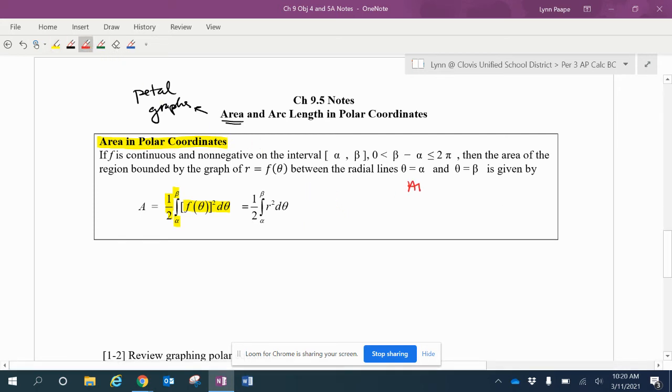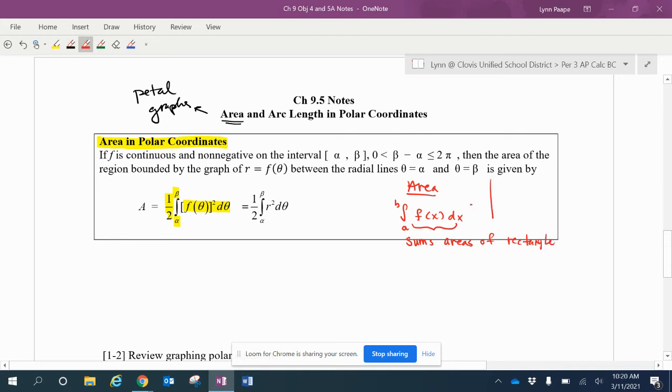Our area that we did with Riemann sums, our rectangle area, was from A to B of f of x dx. The reason it's different is that in function form, this is summing up areas of rectangles, because we have that base times height, and that's how it was created.